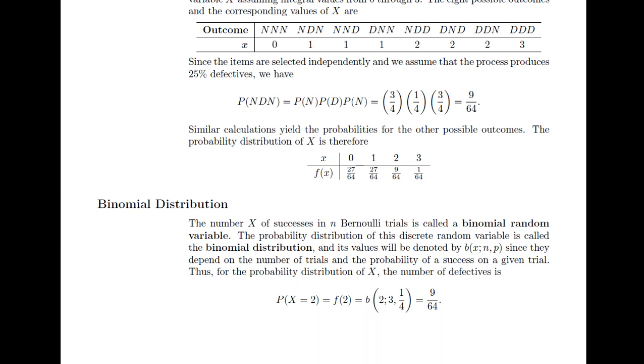Thus, for the probability distribution of X, the number of defectives, the probability of X equals 9/64.